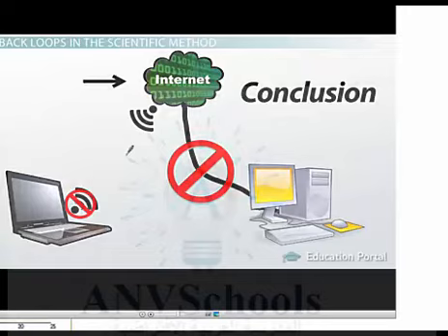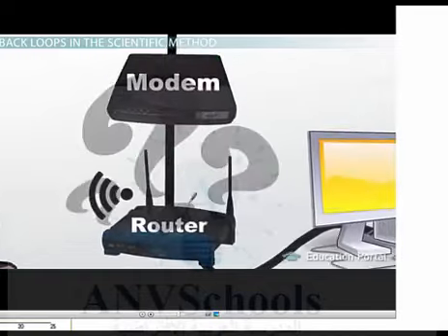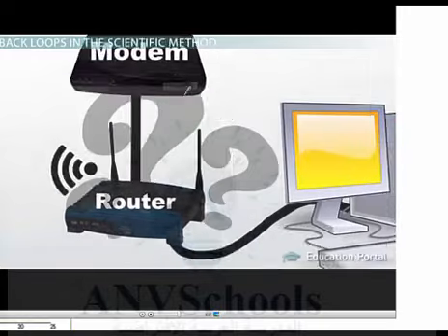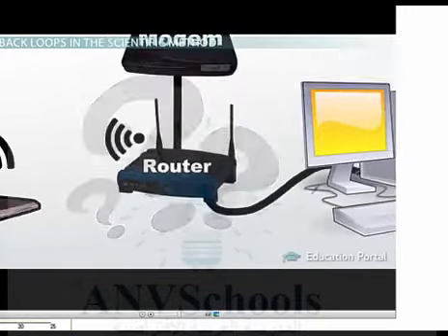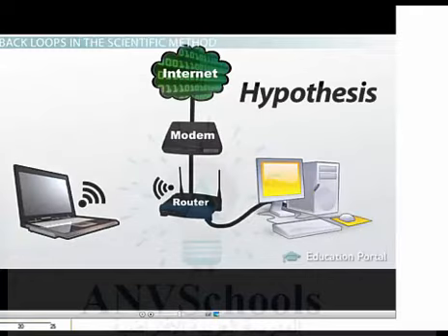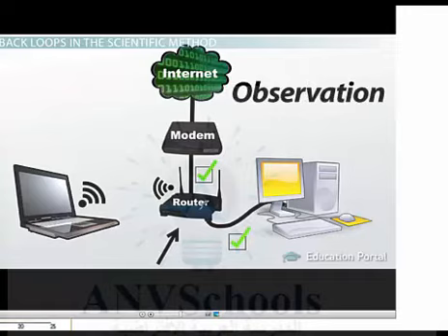So if I have carried out all these, maybe the problem was with the router, or the problem is with the modem, or the problem is with the computer. So if this one is carried out and it is ticked by experimentation, we can prove that the router is fine.